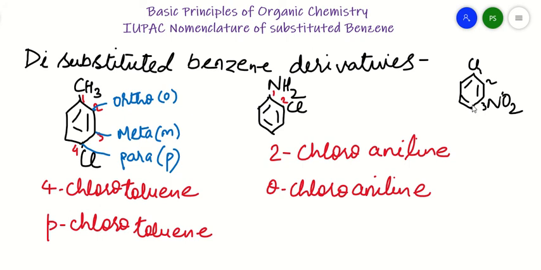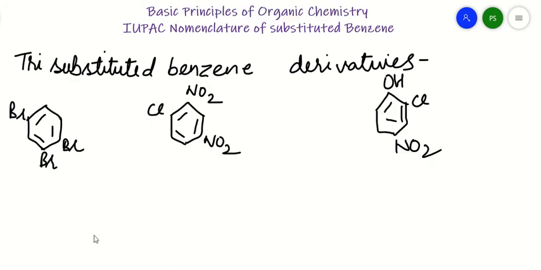Now we will talk about trisubstituted benzene derivatives. If more than two substituents are attached to the benzene ring, numbers are used to indicate their relative positions, following alphabetical order and the lowest locant rule. We provide the lowest locant numbers to the substituents and then write the name alphabetically.